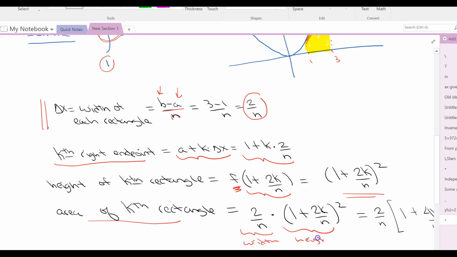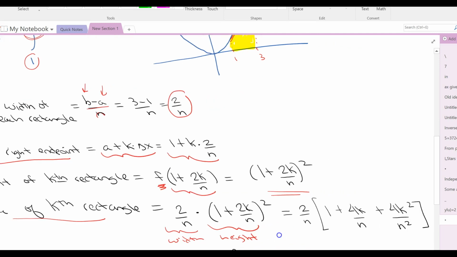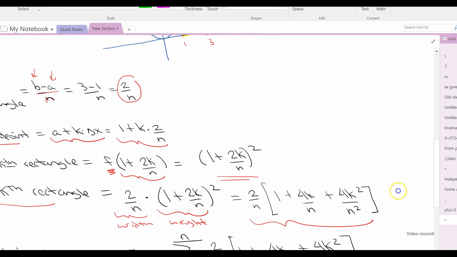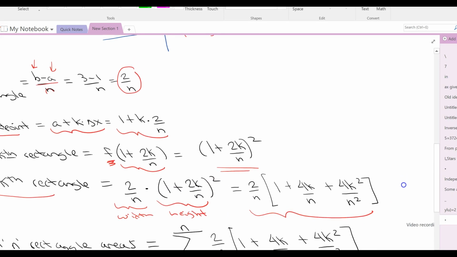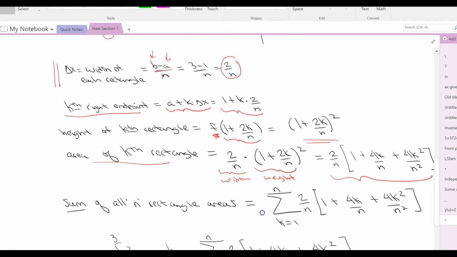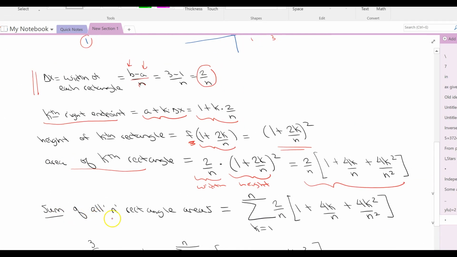And then to the right here, you'll see I just do some algebra, namely squaring this binomial out. Then next line here is I generate the expression for the sum of all n rectangle areas, and the summation of all n rectangle areas is right here.